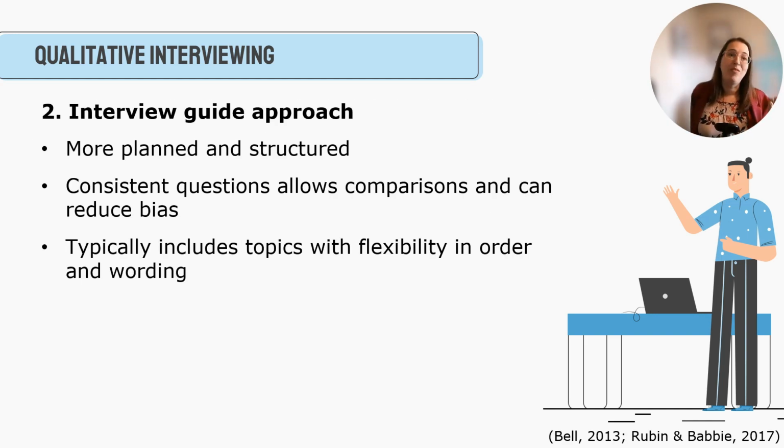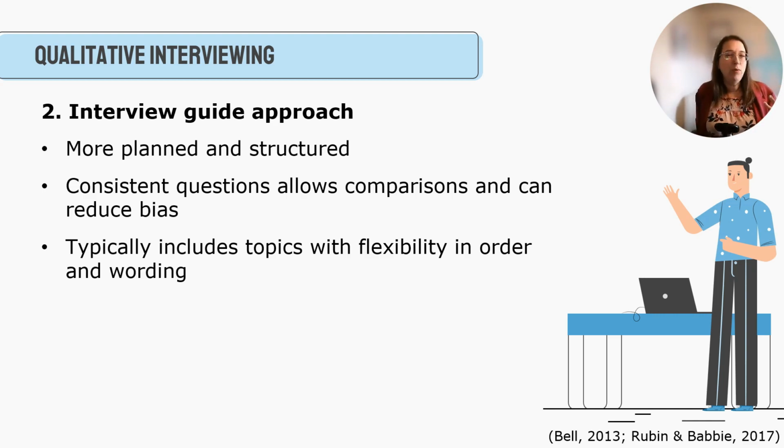The middle, so we've got really unstructured with the informal conversational interview. The second kind of mid-level is an interview guide approach. So this is a lot more planned and structured. You have consistent questions because one of the advantages is if you ask 10 participants a similar set of questions, you can start to compare them. You could say, wow, I asked about this topic and 7 out of 10 people responded with these types of themes.